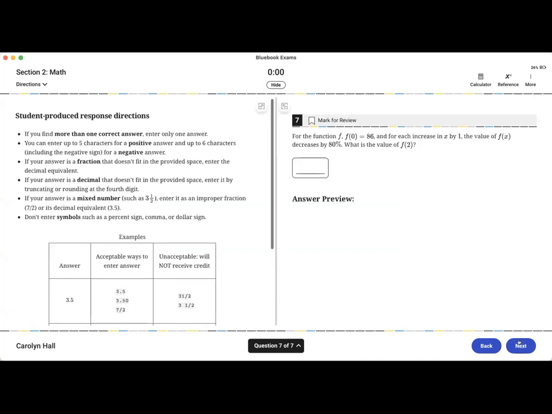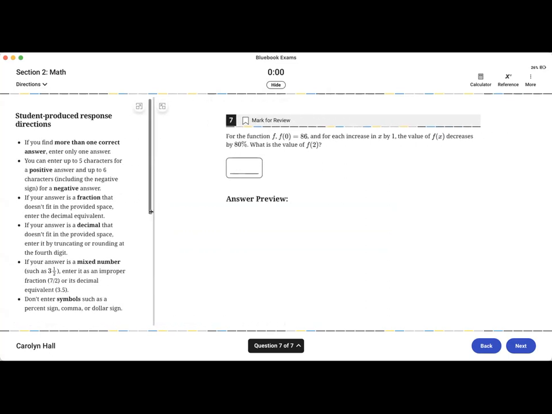All right, another problem where we are going to be entering a value, whatever answer we get. I'm going to shrink the directions, talking about acceptable answers versus unacceptable answers. And it says for function f, f of 0 is equal to 86, and for each increase in x by 1, the value of f of x decreases by 80%.